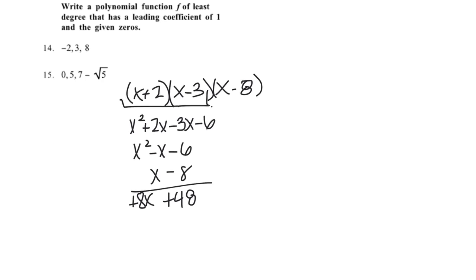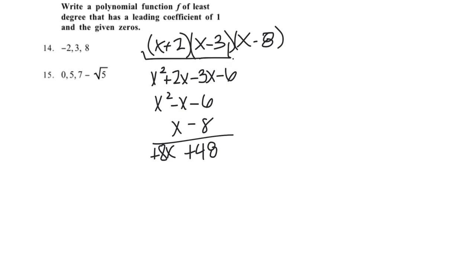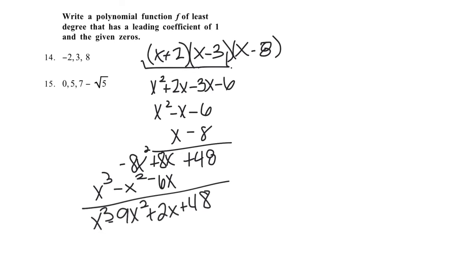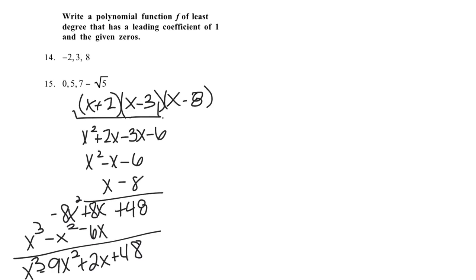Let's move this over, give us some space. And negative 8x squared. And then negative 6x, negative x squared, and x cubed. Then we have x cubed minus 9x squared plus 2x plus 48. And that's the answer for number 14.